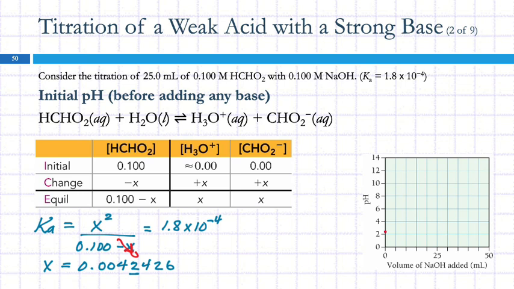So then what's the pH? Well, the pH is the negative log of that. pH is the negative log of 0.0042426, and we come up with 2.37.